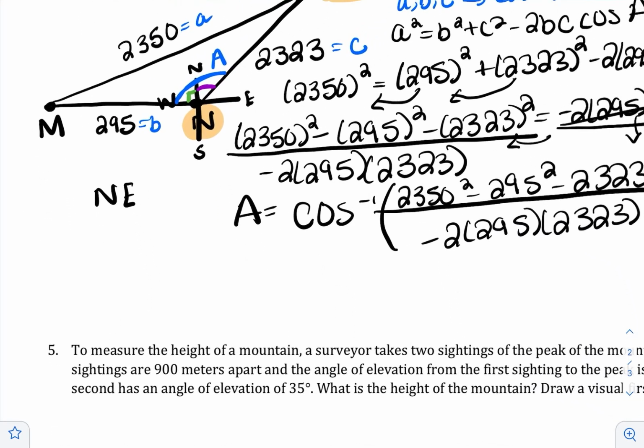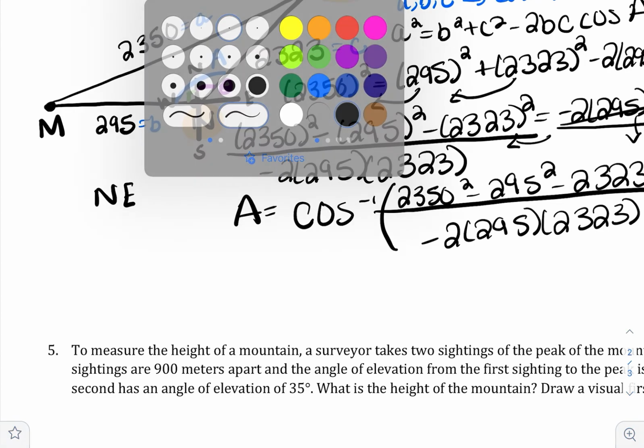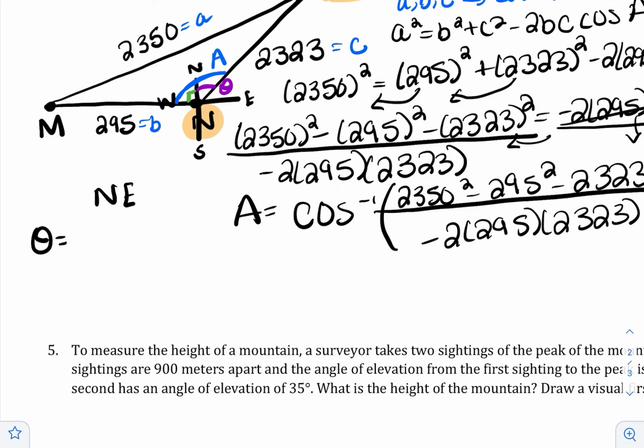So if I want to find the purple, which I'll call theta, then I have that theta is equal to A minus the 90 degrees. So I'm taking the big blue and subtracting the green part because I don't want the green, I just want the purple. So my bearing is now going to be north, theta, east.